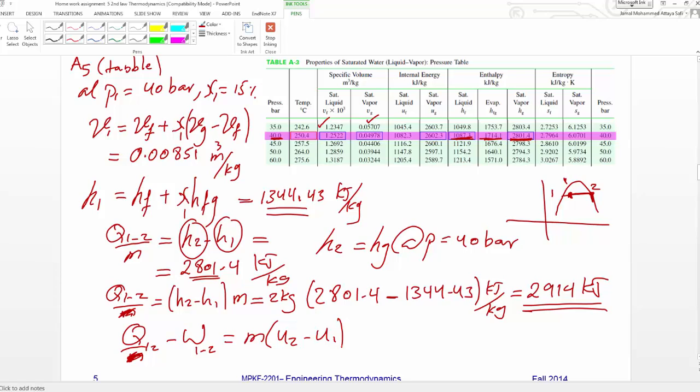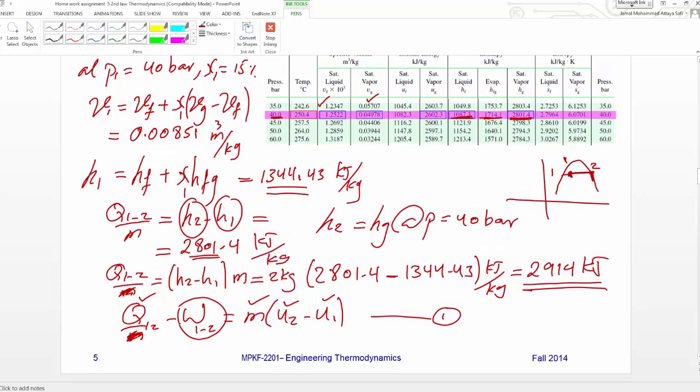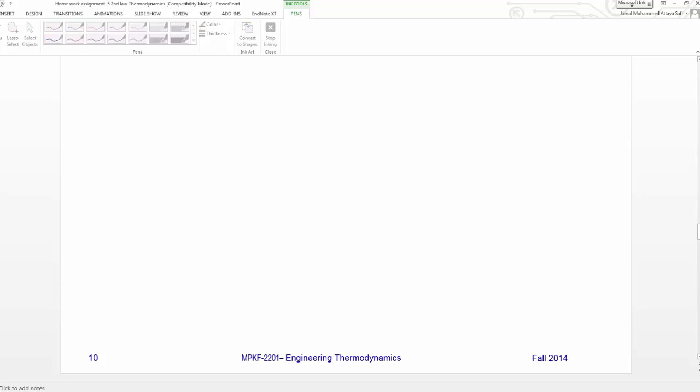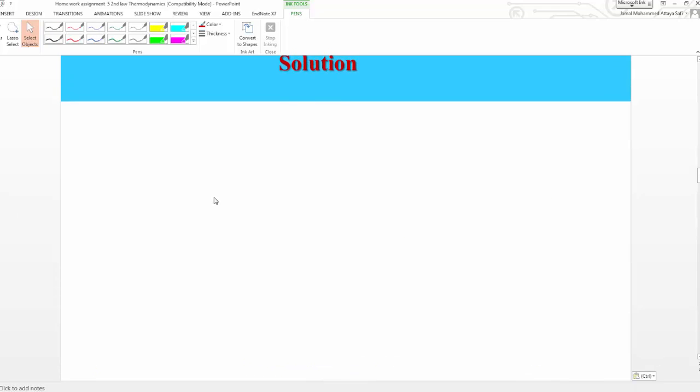So now either you know this, and you have already calculated it, so you can use this equation to calculate work, or you can also calculate the work as equal to m multiplied by the pressure, V2 minus V1, right?